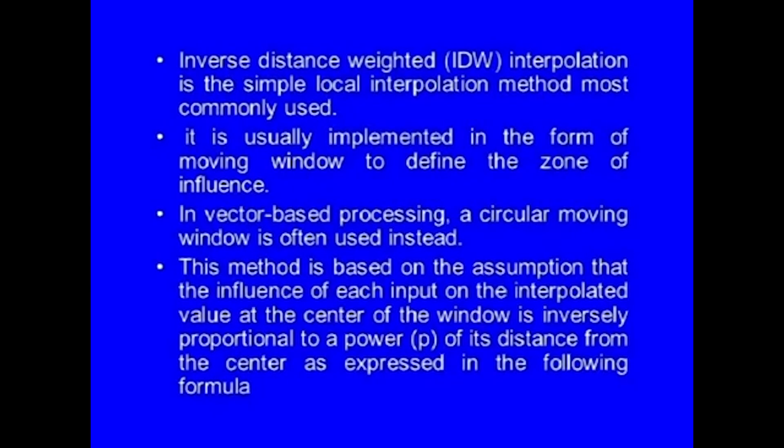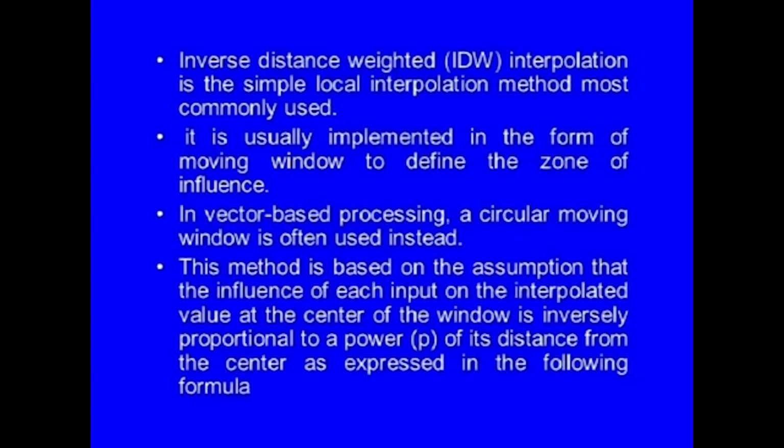The next method of interpolation is inverse distance weighted or IDW interpolation, which is a simple local interpolation method most commonly used. It is usually implemented in the form of a moving window to define the zone of influence.